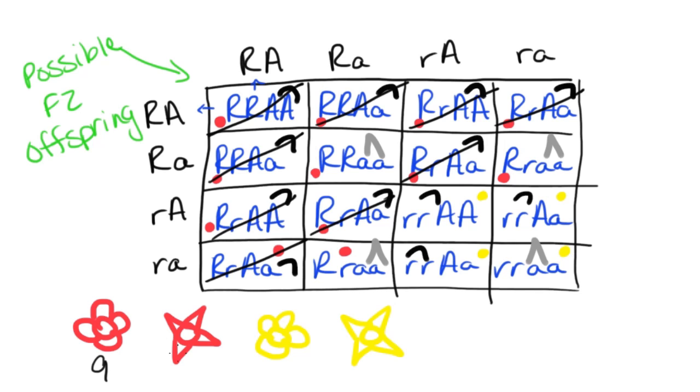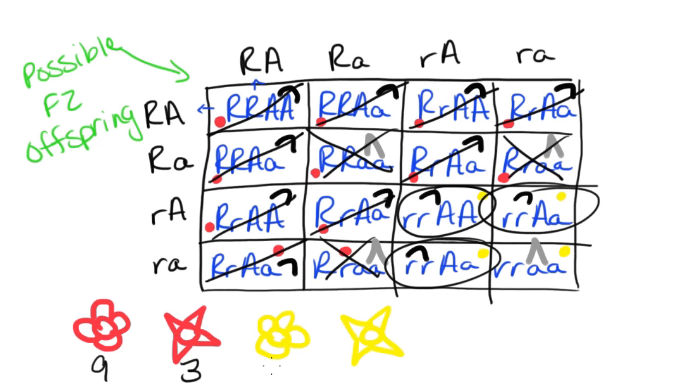If we look for the pointed red ones and cross them off, here I've got 1, 2, and 3. So I've got 3 of those. If we look for the yellow rounded, I've got 1, 2, and 3. And then if I look for the yellow pointed, it's just the bottom box right here. So there's 1 of those.